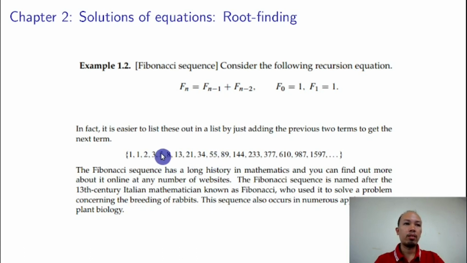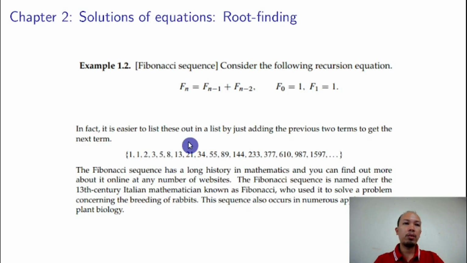So you have 0, 1, 2, 3, 4, 5, 6, 7, 8, 9, 10. So this is the f sub 10. I'm sorry, f sub 10 is 89. So if you want to get the 10th term or f sub 10, then you will need the previous terms if you are using the recursive equation of the Fibonacci sequence.